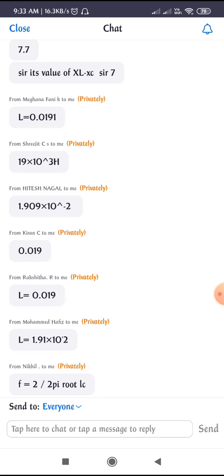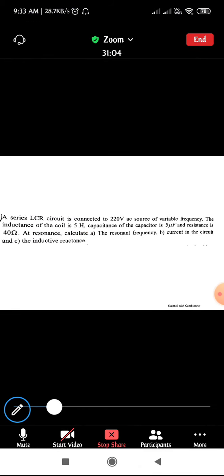Nikhil, why is that formula, I mean 2 in the numerator there? Check out the formula once. You won't get 2 in the numerator there.